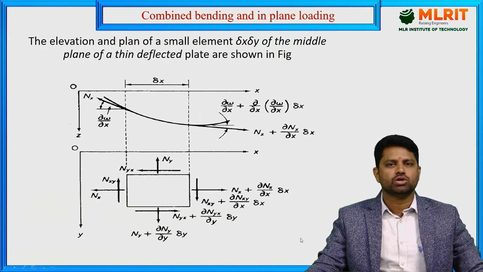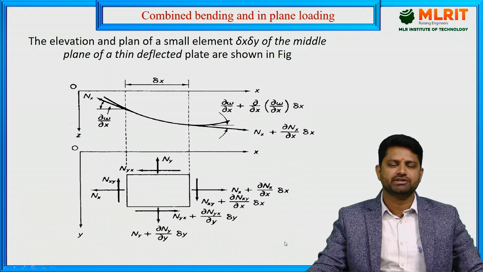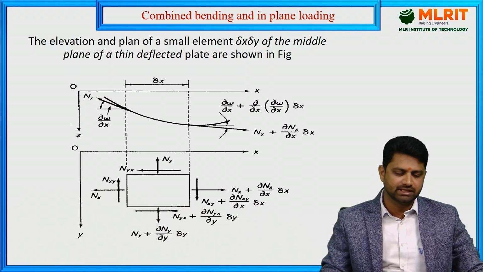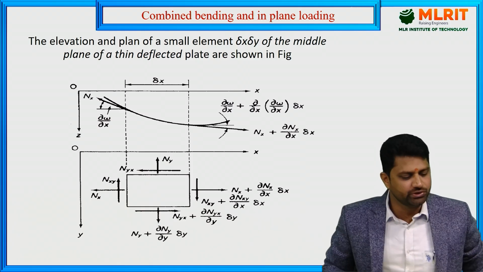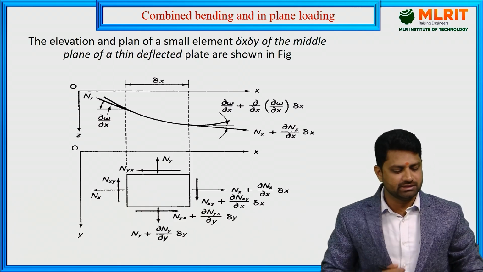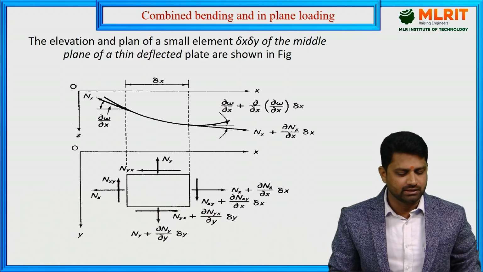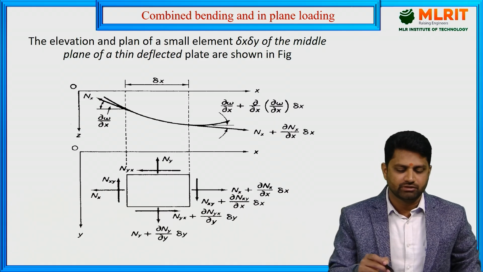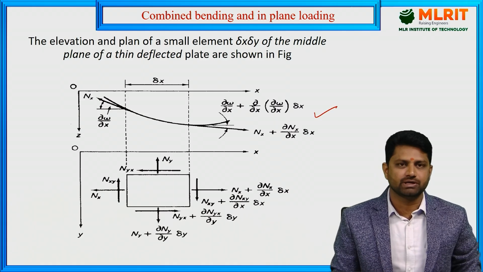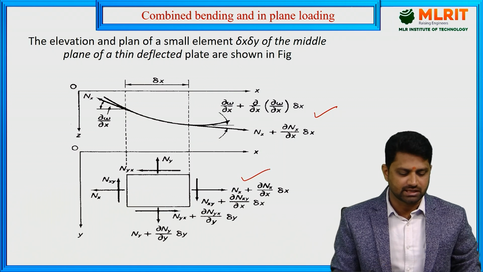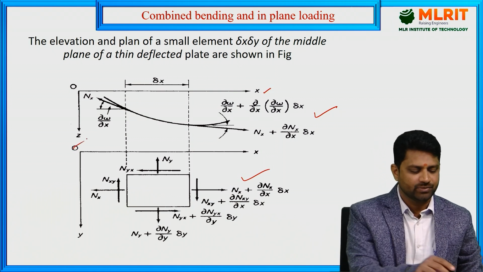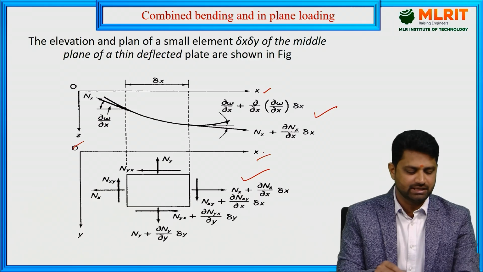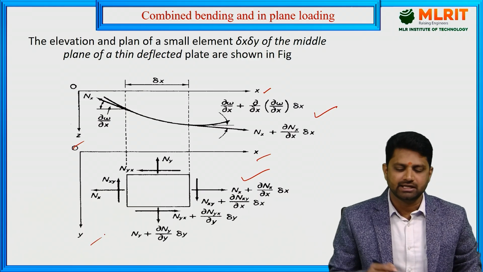To start with the derivation, let us consider one small element, and you can see the diagram here. In this diagram you are able to see two views: one is the plan view and one is the front view. In the front view the plate looks like this, and in the top view the plate looks like this. Let us consider the XOZ axis system here, and in the top view we can see the XOY axis system and in-plane loads.